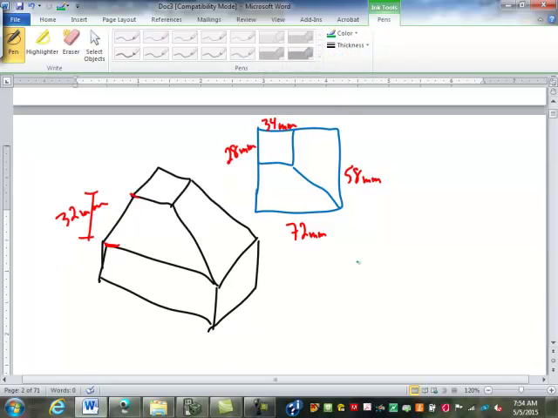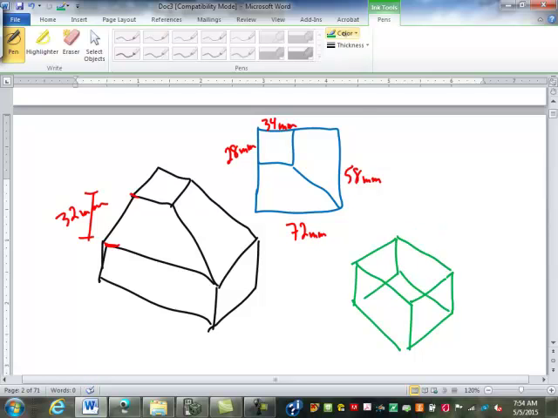Well, these dimensions allow me to define my box again here. This, of course, is just my 32 millimeters of height. What's this dimension here going to be? Remember my box.